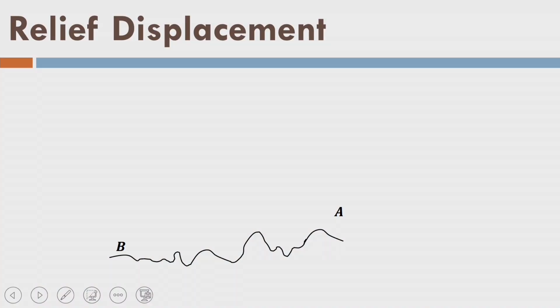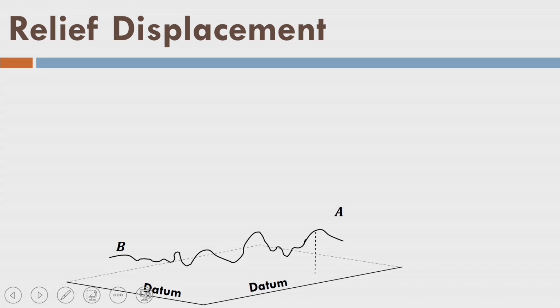So, let us talk about the displacements that are evident on vertical photographs. First is relief displacement. Let us see, there is a datum surface, and from the datum surface I measure the heights HA and HB for two points A and B on the terrain, which are their elevations from the datum. Now, B0 is this point here, and similarly A0 is this point.